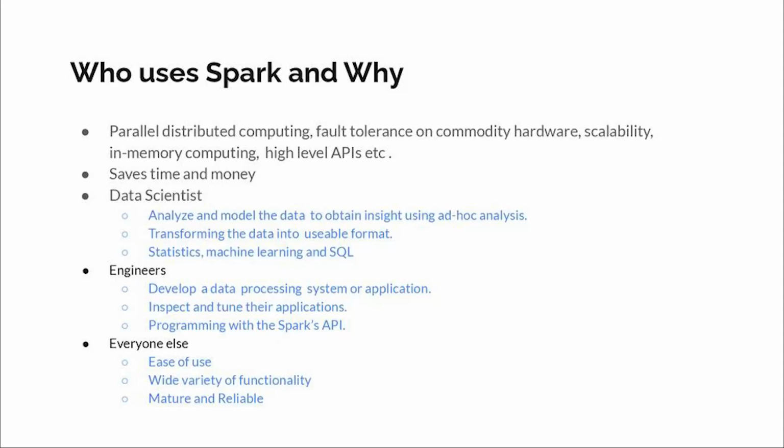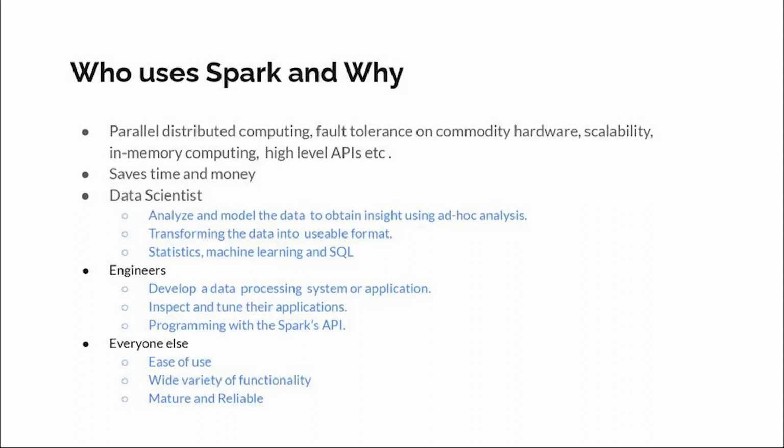Then the most famous one is in-memory computation, which means it can process data, do transformations, and run whatever algorithms we want in memory only, so it does not have to load all the data; it just performs in-memory computations. Then high-level APIs, which means it has very good programming language support.